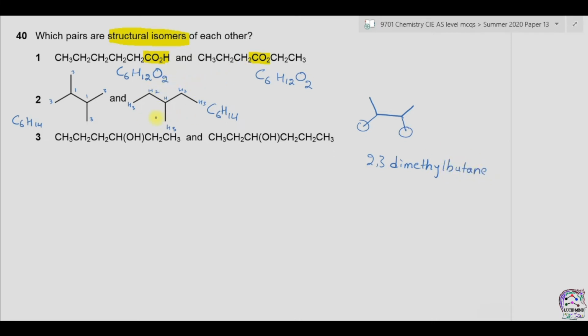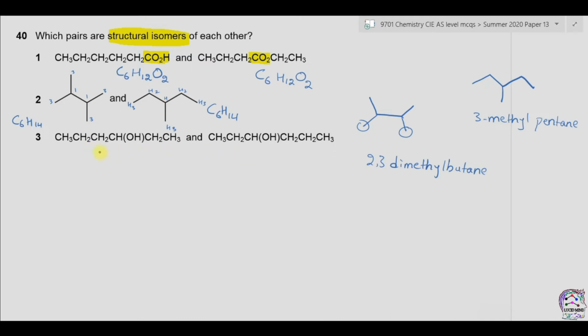For this structure we can say 3-methylpentane. So the molecular formula for both is the same while the structure is different, so therefore they are also structural isomers.